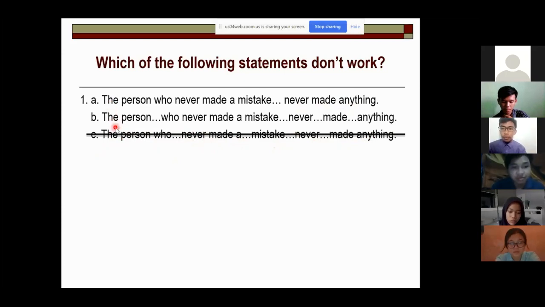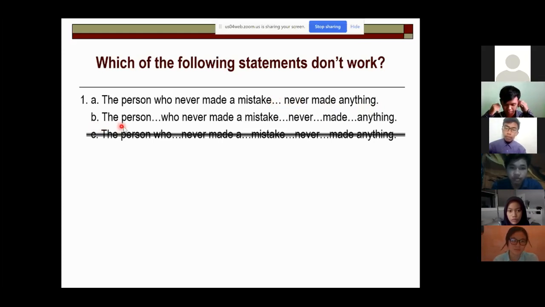Both A and B are correct. So, as your friend stated just now, the person who never made a mistake never made anything. In this gap, you try to take a breath for a while, pause a while.